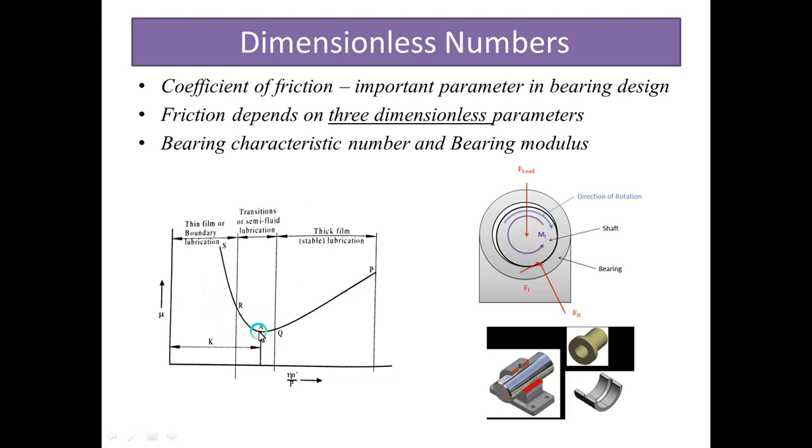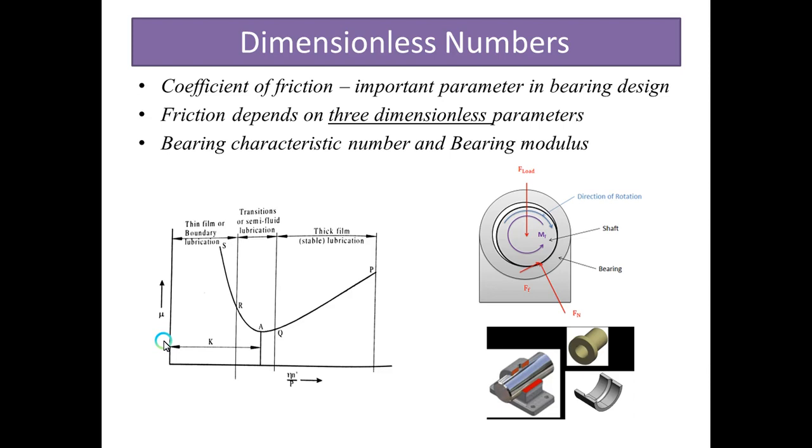For that reason, for that critical value, if the value is less than K, the oil will break down, resulting in metal to metal contact and consequently higher friction and wear.